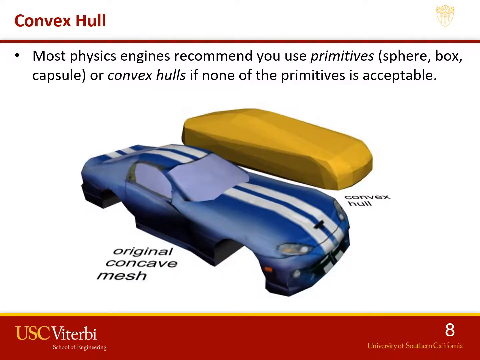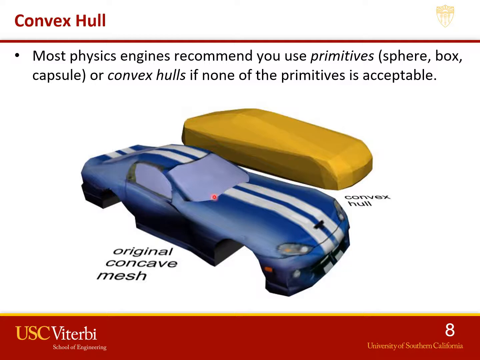Now, I mentioned something called the convex hull, and let's talk about that really quick. All that is when I build an outer bounding volume around a shape using strictly convex polygons.